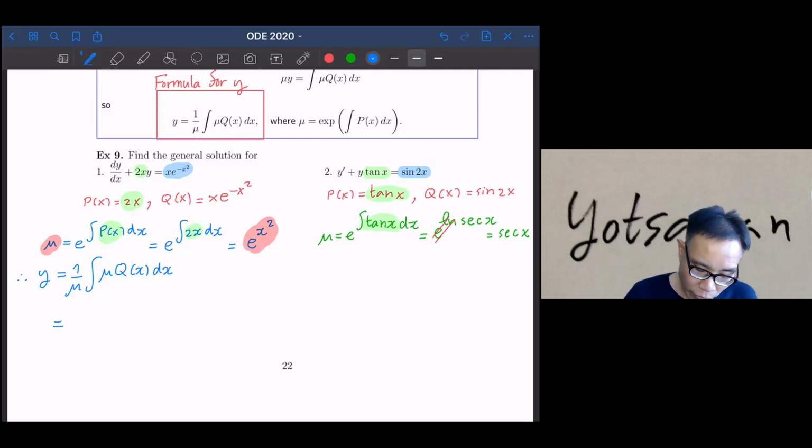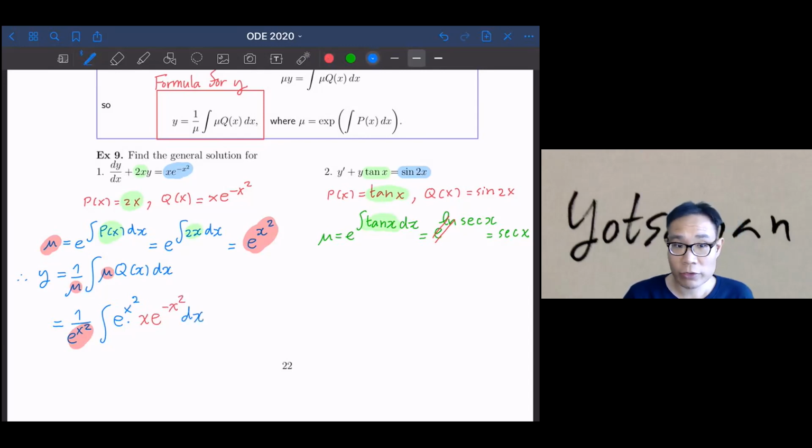And what is 1 over mu? It's going to be 1 over e to the x squared. Then you integrate mu, which is e to the x squared, multiplied with qx, which is the red term, x e to the negative x squared, dx. So you have e to the x squared and e to the negative x squared, which multiply together to give e to the 0, which is 1.